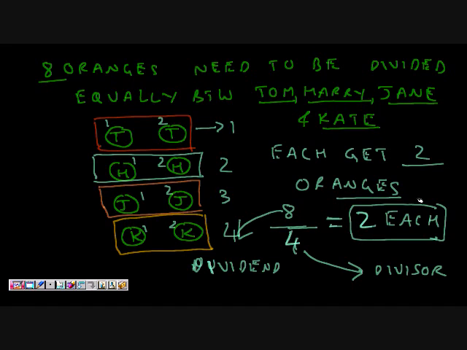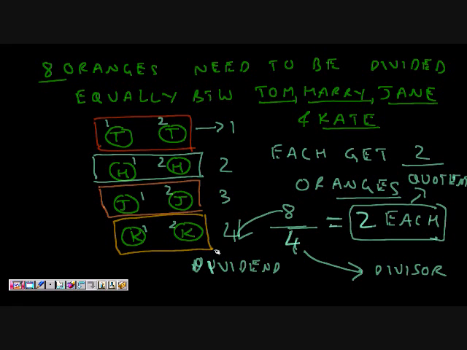So the number of oranges you were given is the dividend, the number of groups you want to divide it into is the divisor, and the answer, or the number of oranges each person gets, is the quotient.